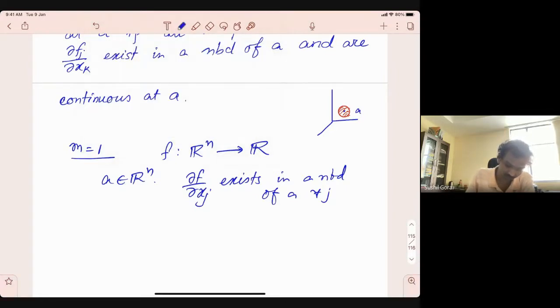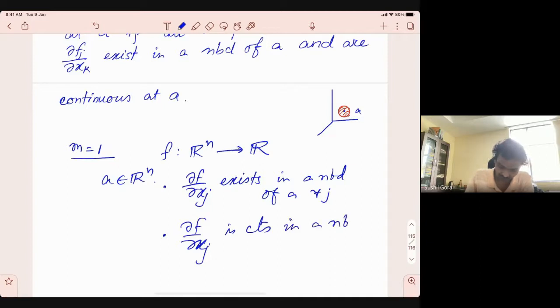So this was one: del f by del xj is continuous in a neighborhood of a. If you shrink this neighborhood a little bit, possibly you get the continuity of this derivative.